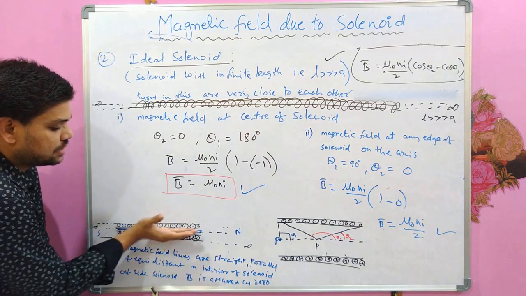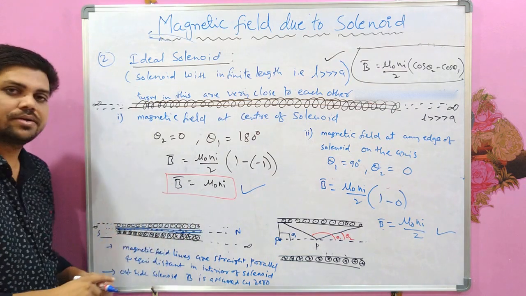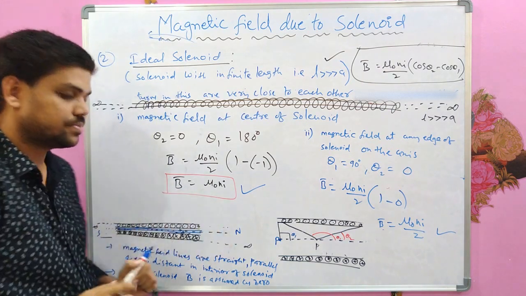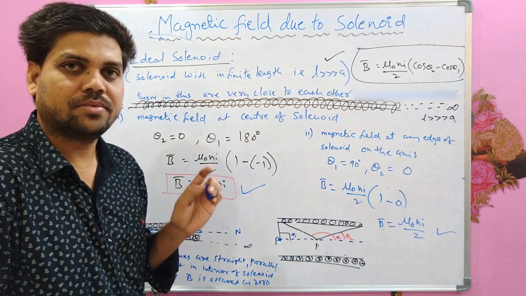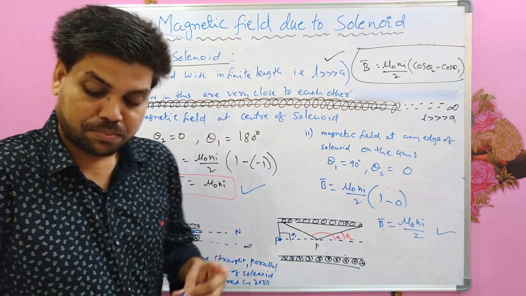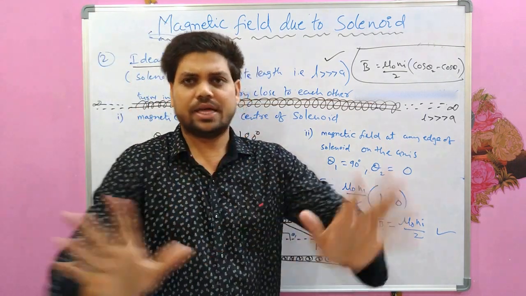Entire magnetic field is here and it is little far away from it. So this is south and this is north. These points are very, very important. Okay, so in both cases the magnetic field inside is along the axis.